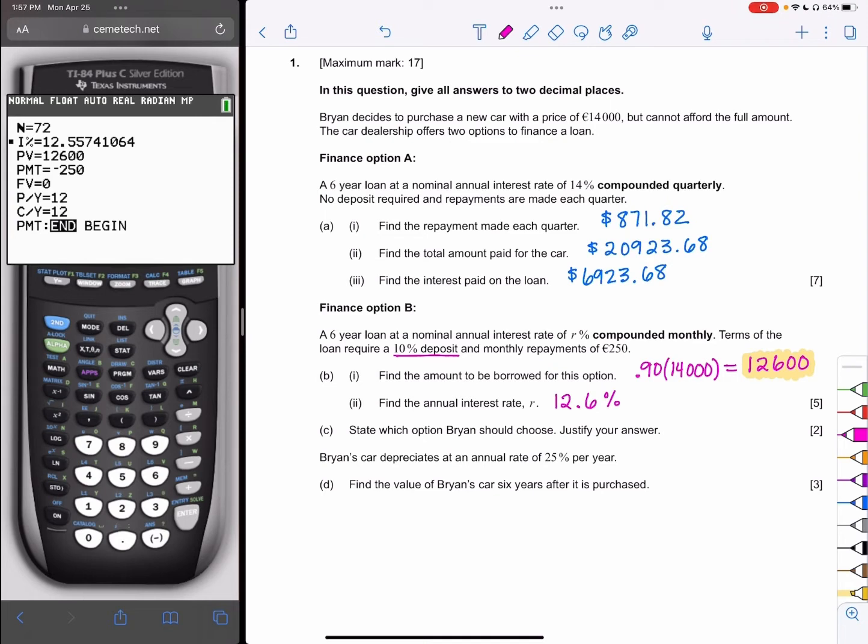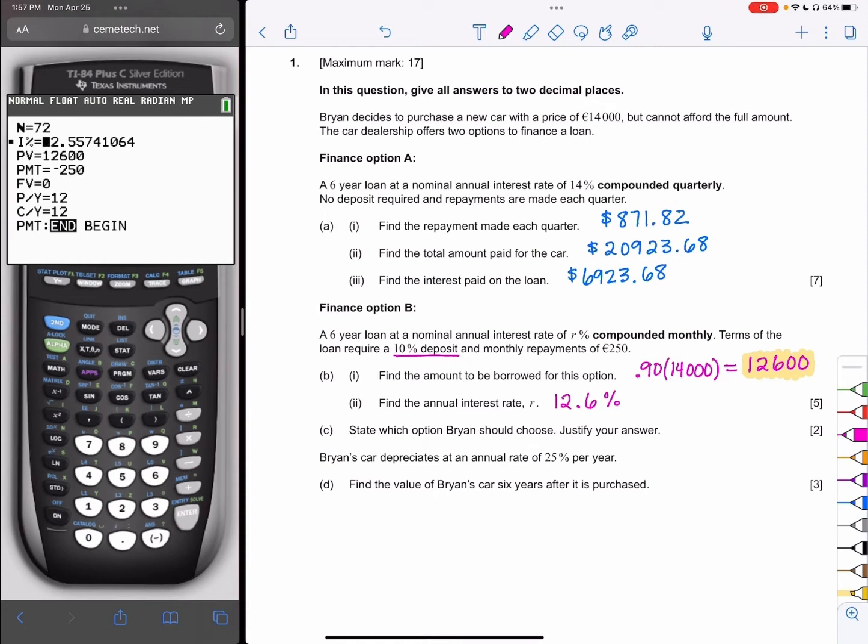So the option that he should choose is going to be the option that is going to be cheaper for him in the long run. So we could see that for finance option A, he paid a total interest of $6,923.68.